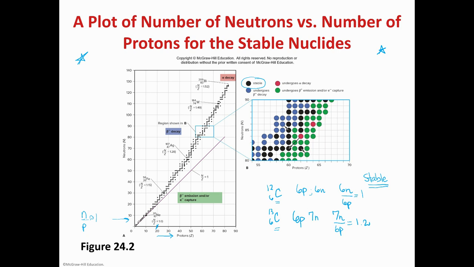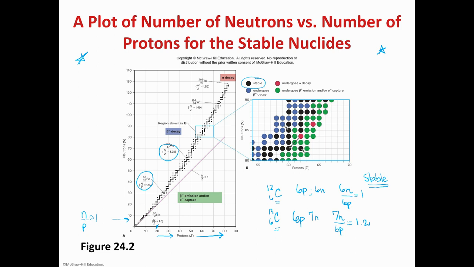And so if you look in this region here, here's iron. You have now an N to Z number of 1.15. As you keep going, you see how the N to Z, Z meaning proton number, 1.28. It starts to go up as the number of protons increases.